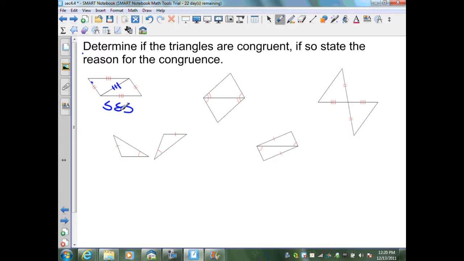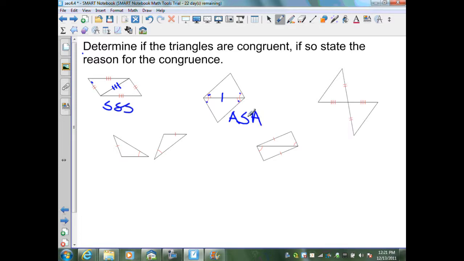The next set of triangles, I'm given a double arc in the top triangle and the bottom one, and the bottom one has a single arc and the top one has a single arc, so I have 2 pairs of angles that are congruent. Again, the segment joining the 2 triangles together is congruent to itself by the reflexive property, and what this gives me is triangles that are congruent by angle, side, angle.